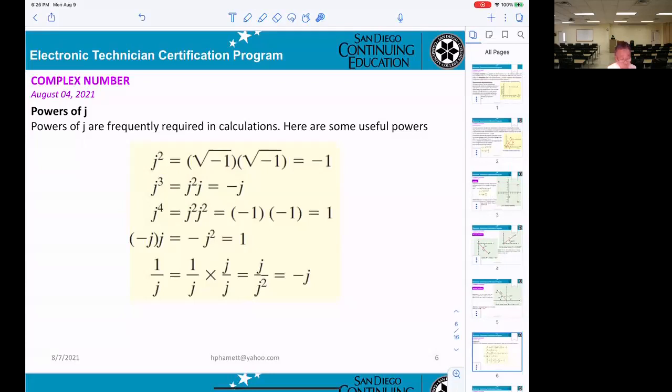So the answer will be minus 1. Do not try to take minus 1 times minus 1. That's wrong. When it's square root times square root, you just remove the square root. Okay? If you have a question, let me know.